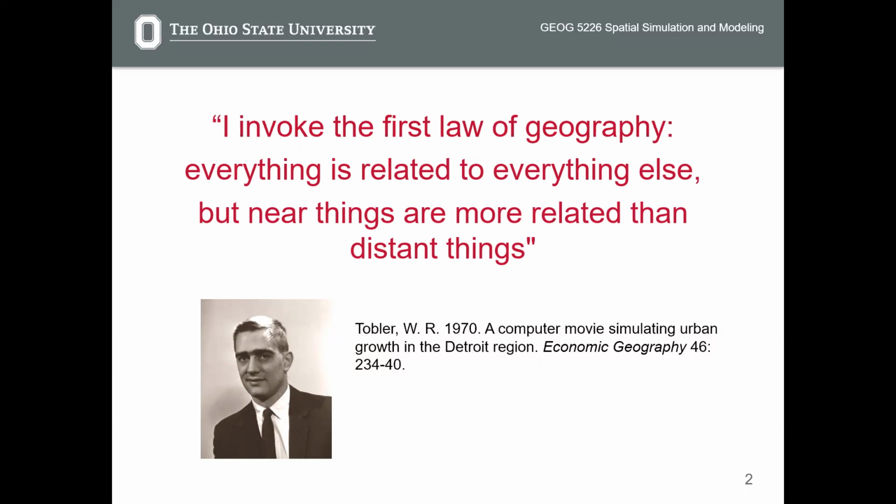Okay, this looks like a very simple and straightforward sentence, and you may think that, okay, this is kind of obvious because I'm a student in GIS major. I know that there is something called spatial relationship, and there is spatial pattern, and the spatial pattern is based on the spatial relationship, right?